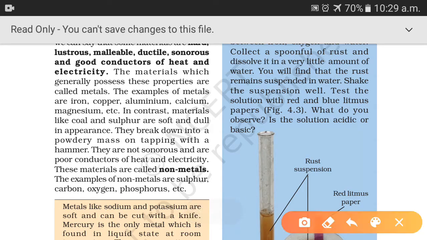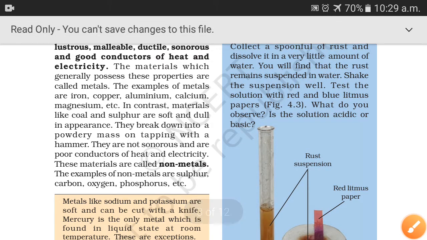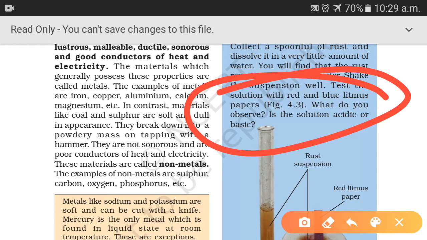Now, beta, in your previous class you have studied that red and blue litmus papers are called indicators. Indicators are used to test the acidity and basicity of a substance. Red litmus paper turns blue when the solution is basic.